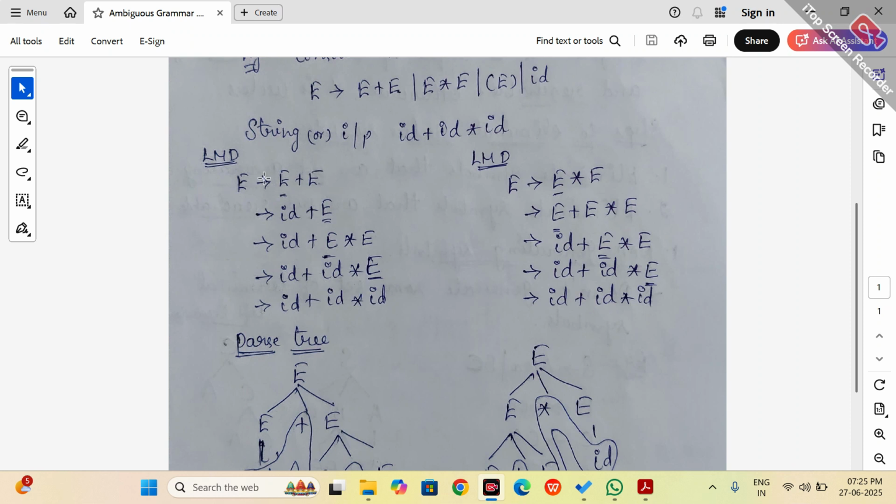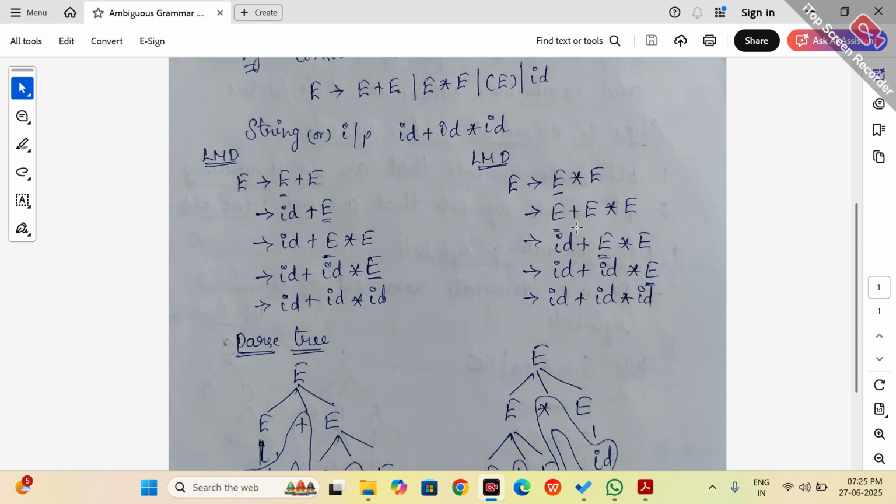In the first leftmost derivation, for E we choose the first production E plus E. In the second leftmost derivation, we choose the production E tends to E asterisk E. Now this E is replaced with E plus E, because in our input the plus comes first. The asterisk E comes as it is.